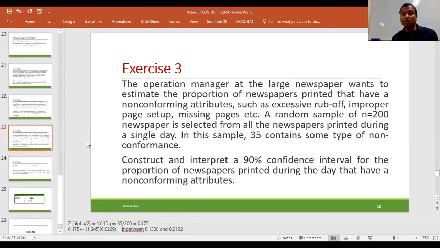Because the world is not perfect and information is imperfect, we don't have all the data, and getting more and more data is costlier as well. Keeping all those challenges in mind, you need to go ahead with a small sample as best as you can. So what is there? The proportion: the items of interest, 35, are non-conforming.